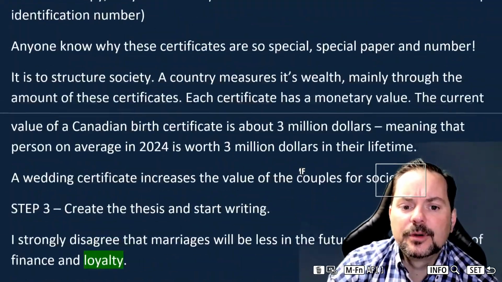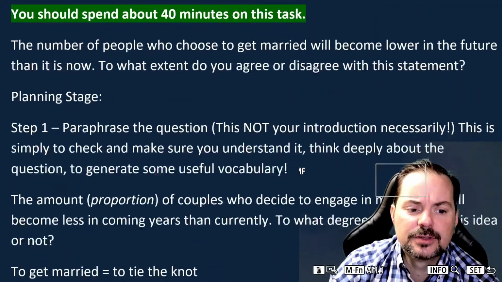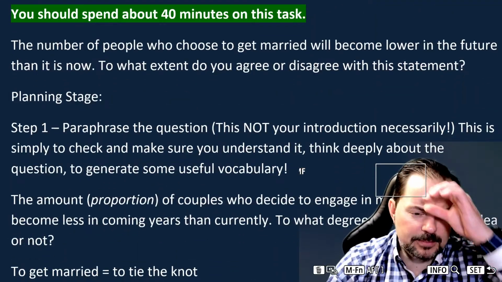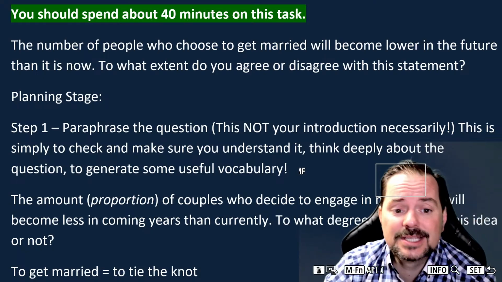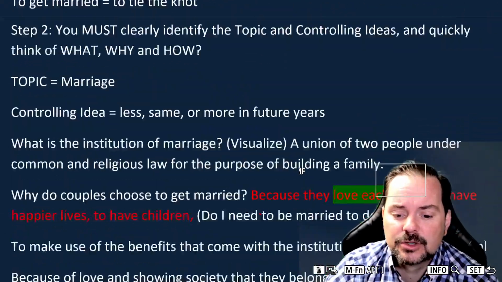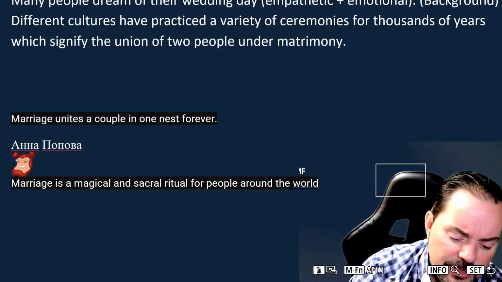Okay, now the original question for the thesis. So here's the original question at the top. The number of people who choose to get married will become lower in the future than it is now. To what extent do you agree or disagree with this statement? Thesis.